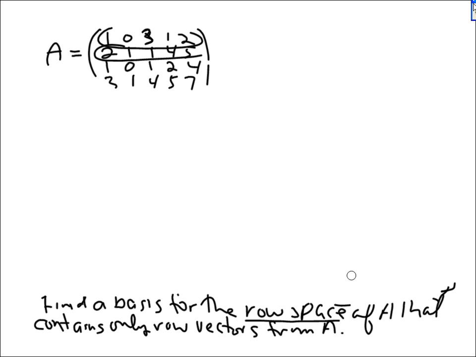Okay. You want to find the basis not for the row space of A, but the column space of A.